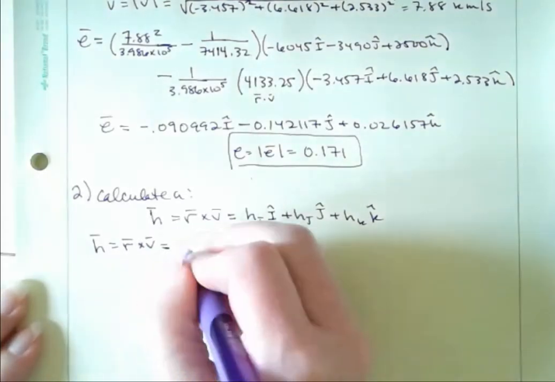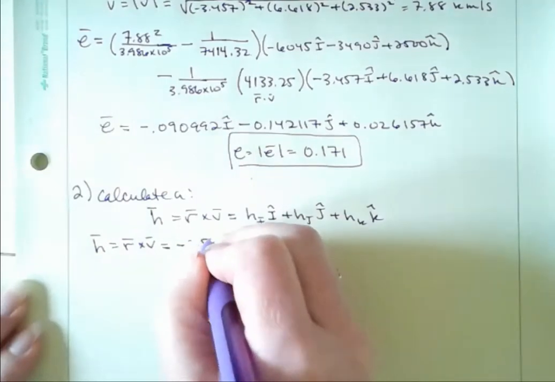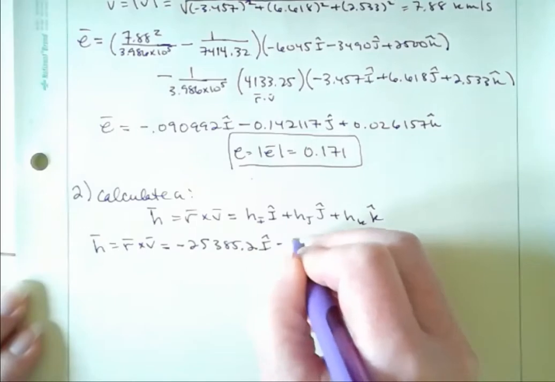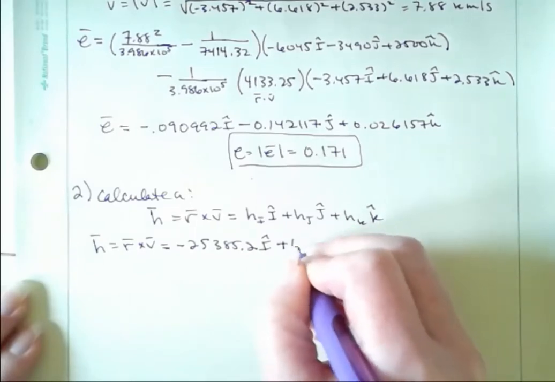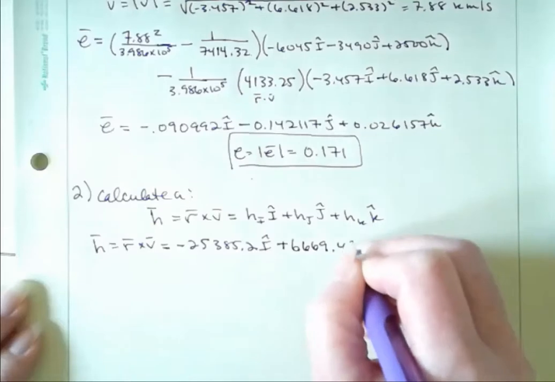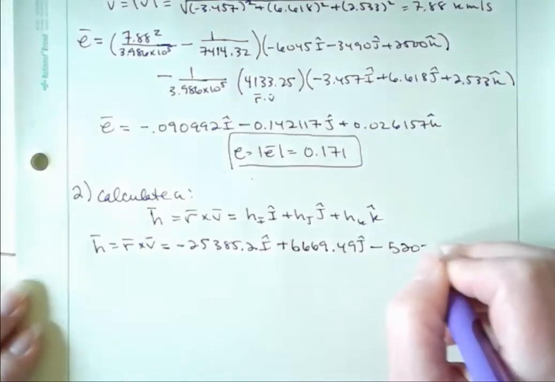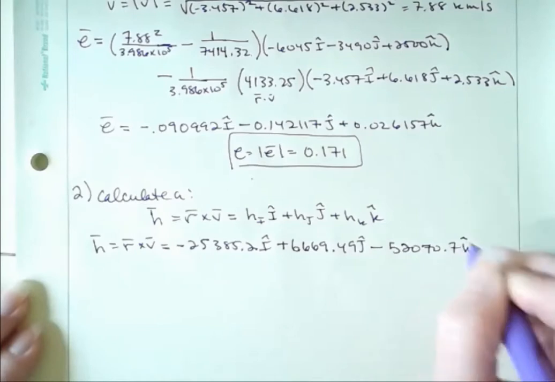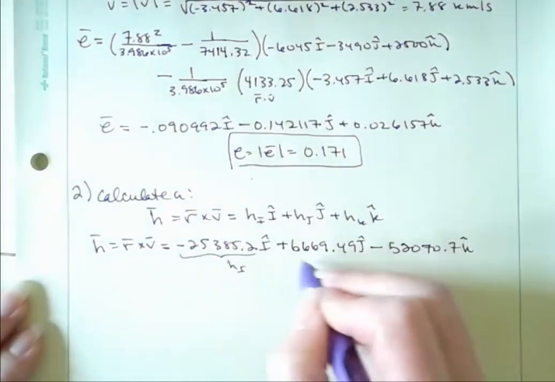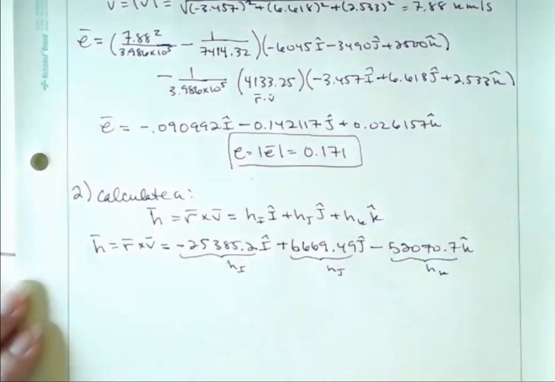Once you do that, you end up getting negative 25385.2 I plus 6669.49 J minus 52,070.7 K. Remember, this is H_I, this is H_J, this is H_K.